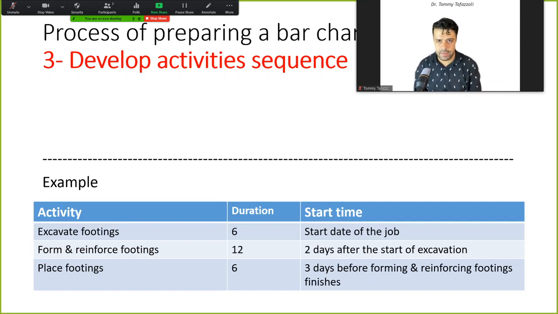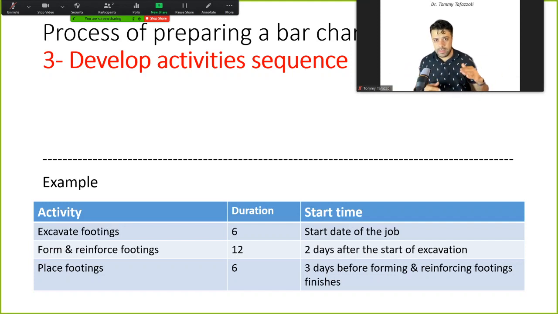The second activity, let's say, can start 2 days after the start of excavation. Why? You might say we can never form and reinforce footings before you excavate the footings, right? We first need to have some space for the footings, and then only we can form and reinforce them. But you need to consider that the job site could be a big area.